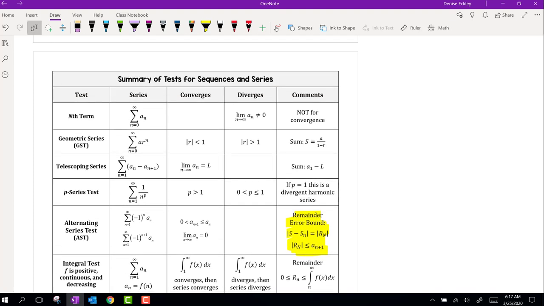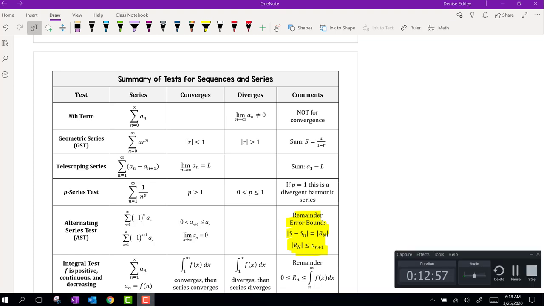The only thing that isn't here is some of the tests, like the integral test and the alternating series test, requires you to make sure that there are conditions met before you use them. So please remember to check those conditions first before you use the test. All right, that concludes our discussion of the root and ratio test and our convergence test.